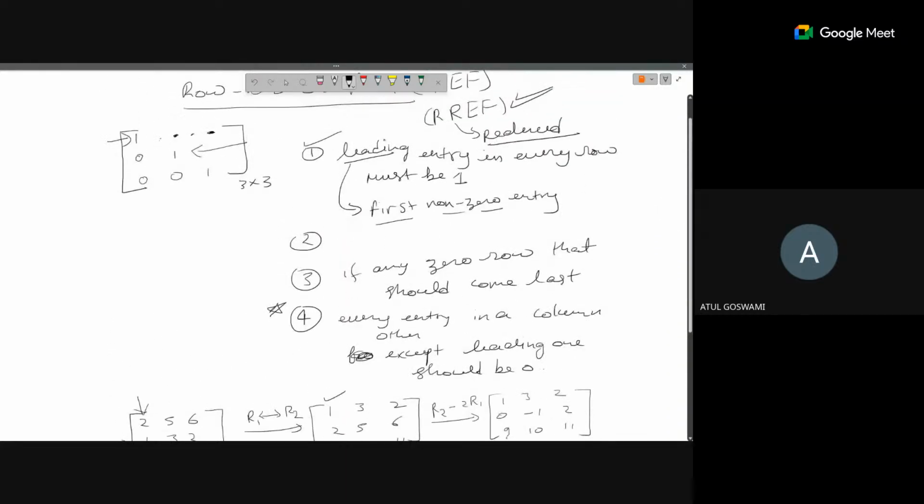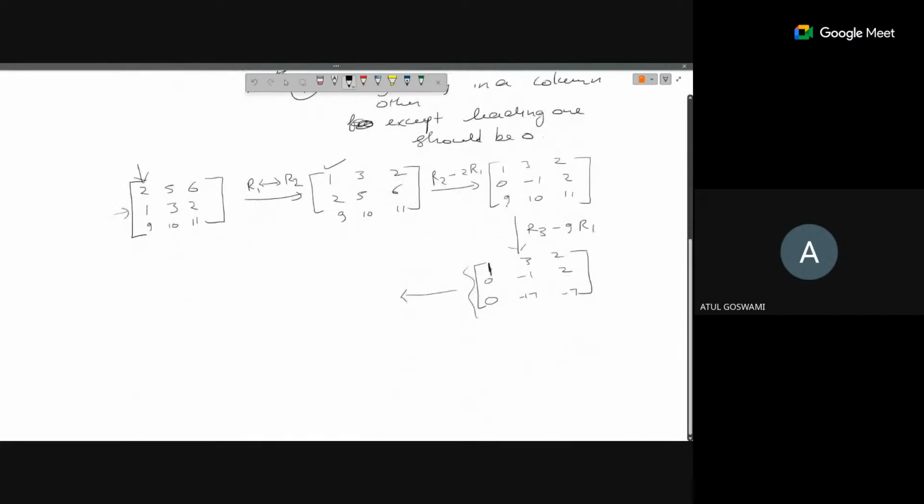If you satisfy these two conditions, that is enough, because if you get any zero row, you just put that row at the end of the matrix. So you have to create leading entries, and the leading entry in the next row should be to the right of the previous leading entry.